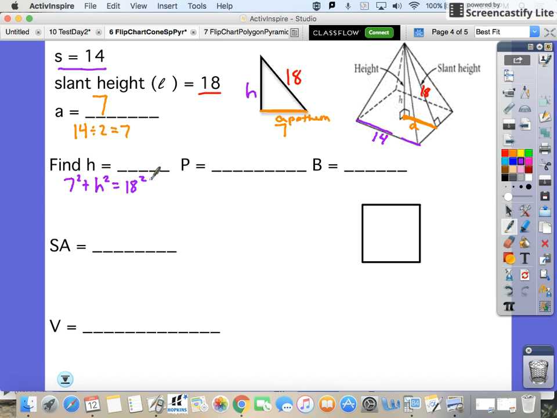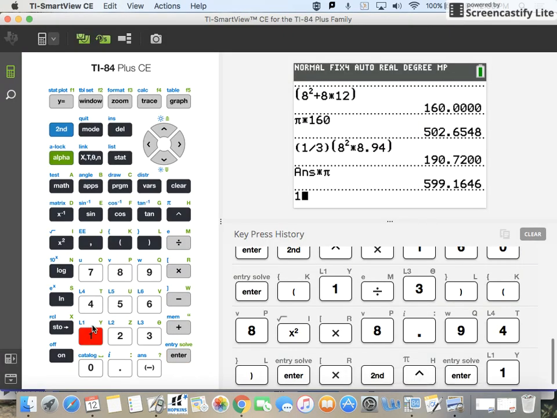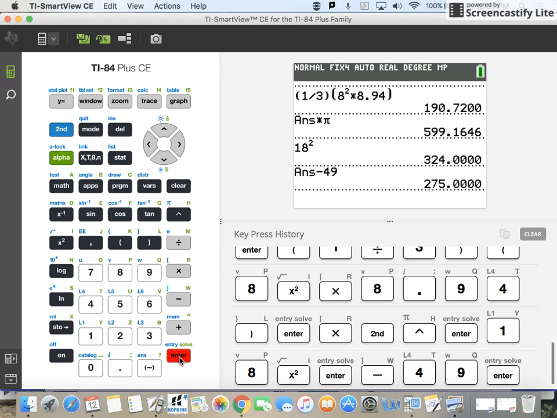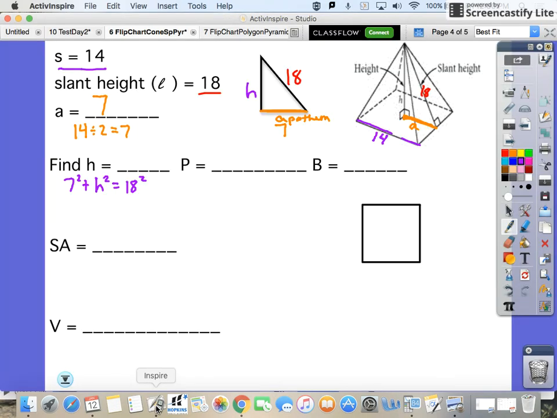If we do that, 18 squared is 324. 7 squared is 49. So we've got 49 plus h squared equals 324. H squared is 275, square root, and you get about 16.58 units. Let's call these centimeters.